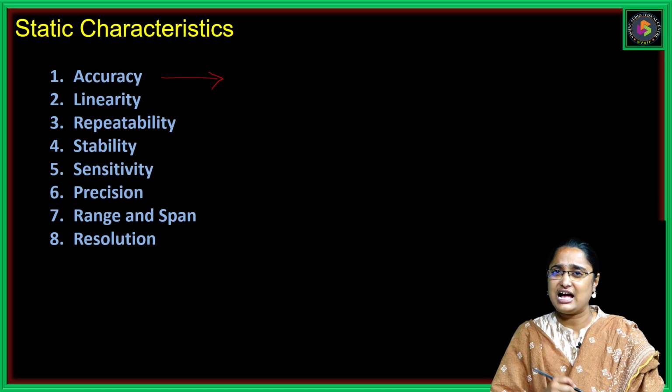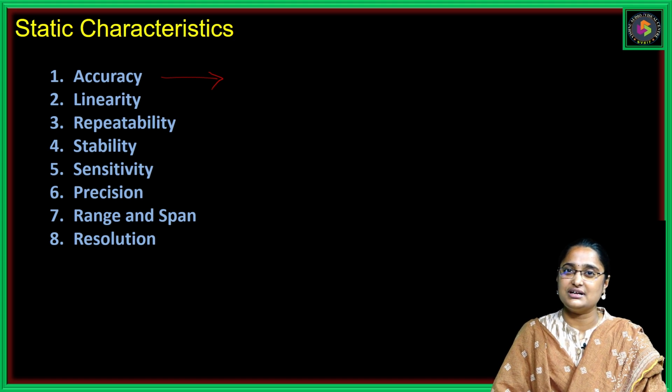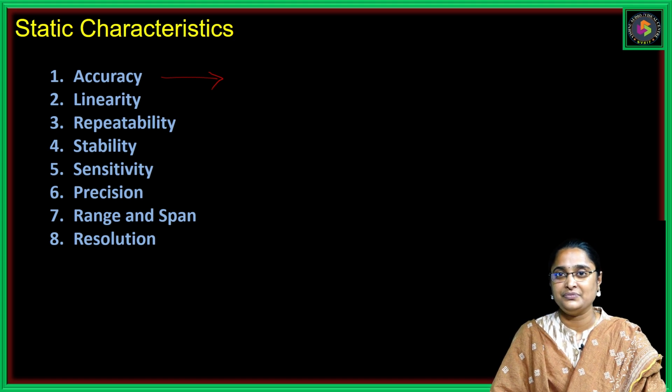For example, I have a BP sphygmomanometer and I want its output as 120/80. But when I measure with that instrument, I get 110/70. So here I have a difference of 10 above and 10 below, right? 10 in the denominator and 10 in the numerator.